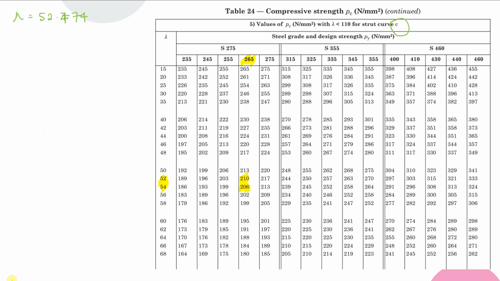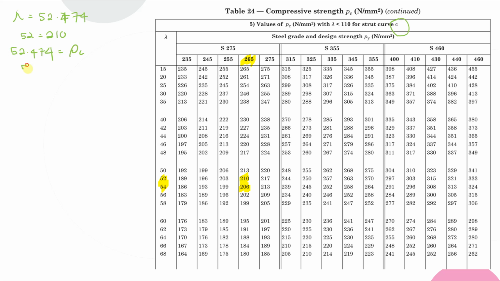Okay. So we can calculate with the same method. When it is 52, it is 210. And when it is 52.474, we don't know.